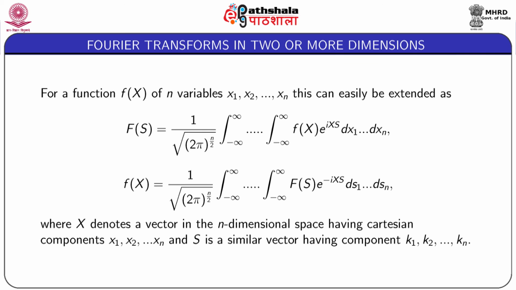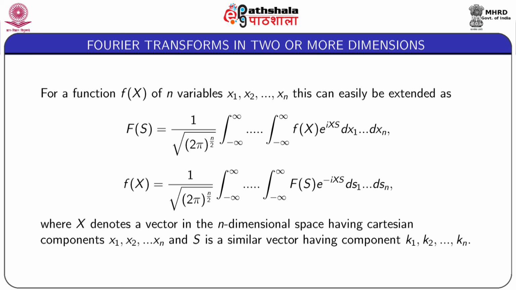Now, for a function of n variables x1, x2 up to xn, this Fourier transform can be extended as given by capital F, which is the Fourier transform of small f of capital X. Capital X is the vector x1, x2 up to xn, and that is given by 1 by root 2 pi to the power n by 2, n integrals from minus infinity to plus infinity small f of capital X into e to the power I S.X into dx1 dx2 up to dxn.